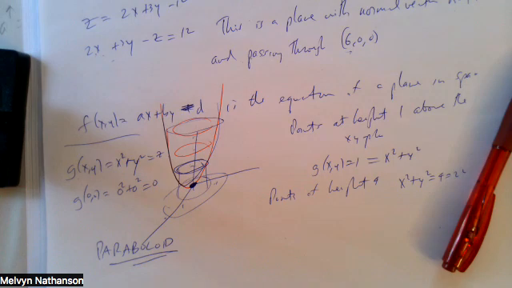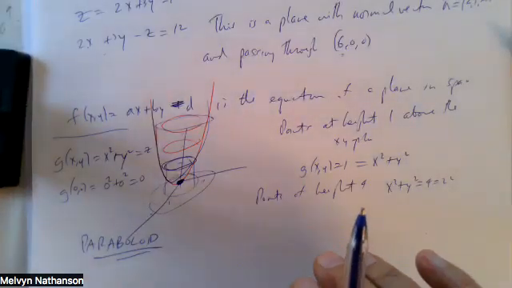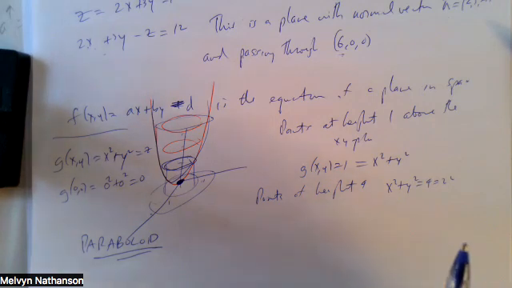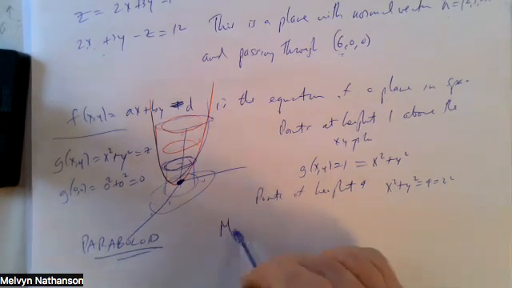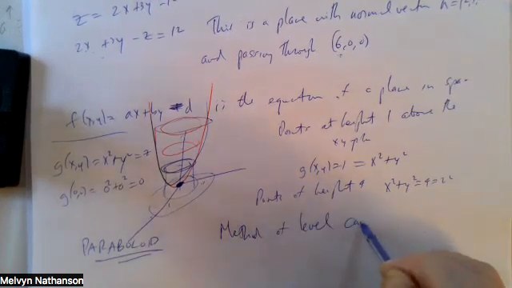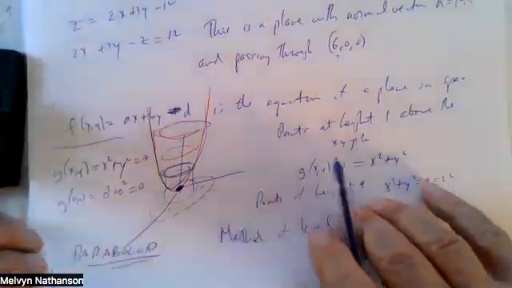In fact, this method of trying to get some idea of what the surface or the graph of a function of two variables looks like is called the method of level curves. So let's stick with this example for another couple of minutes.